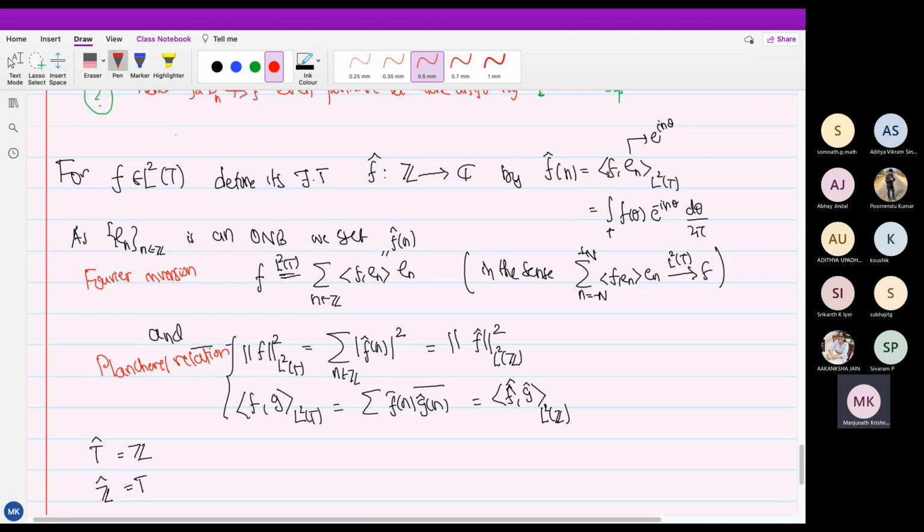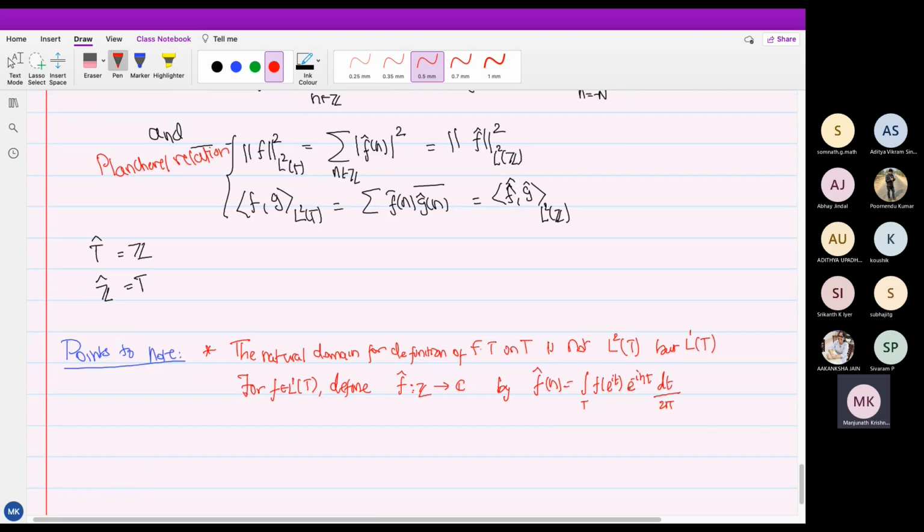Of course, if f is not in L2, we shouldn't write it as an inner product. But the point is e_n is bounded. Because of that, this integral exists. It exists because it's absolutely integrable. If you put the absolute value inside, e_n has modulus 1 and f is integrable. So this is well defined.